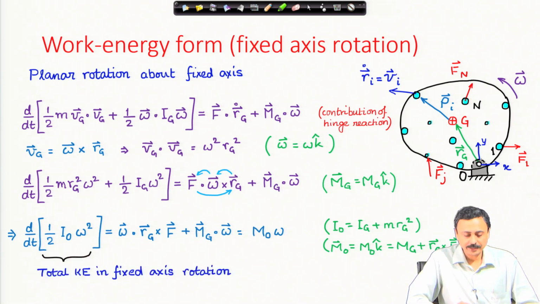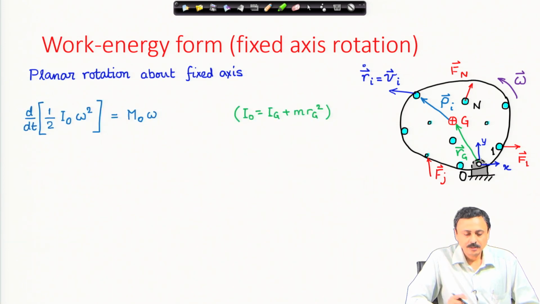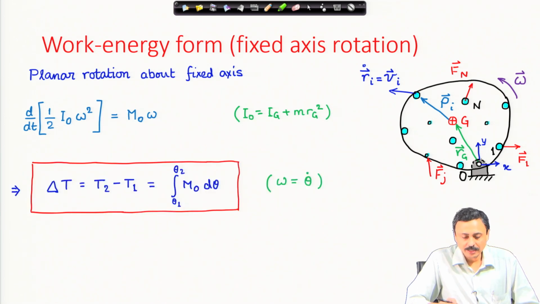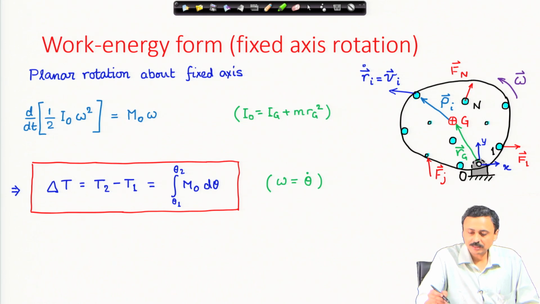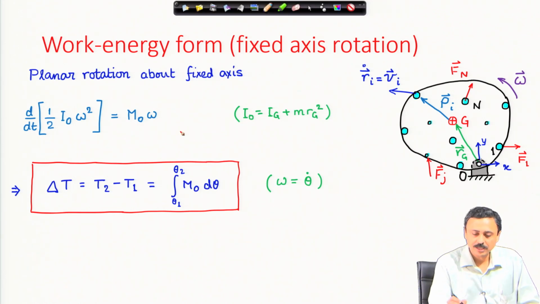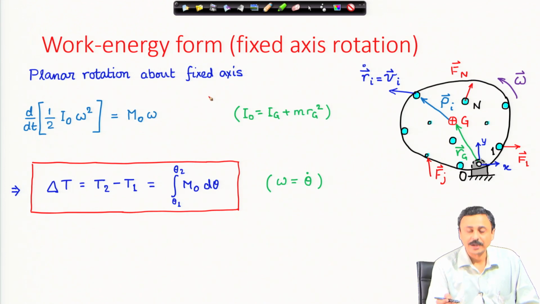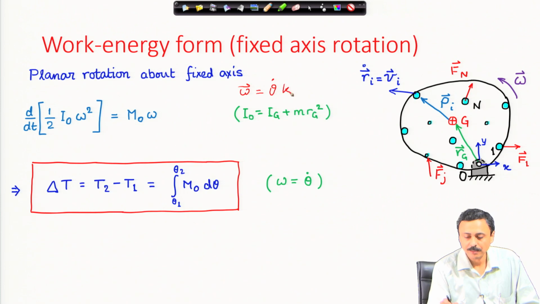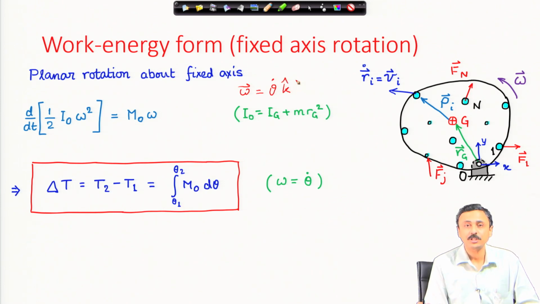Therefore, this is the total kinetic energy in fixed axis rotation. So, this is our expression. Now, here I can write omega as theta dot k cap, which I had written previously. The omega vector was theta dot k cap because this is planar motion, and in that I can write it like this.